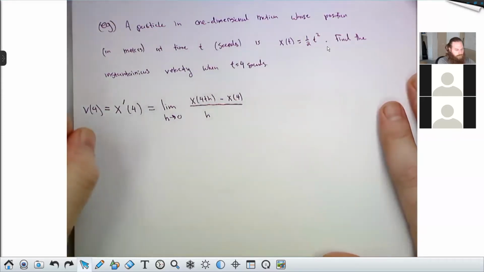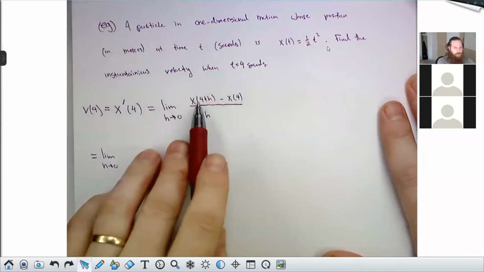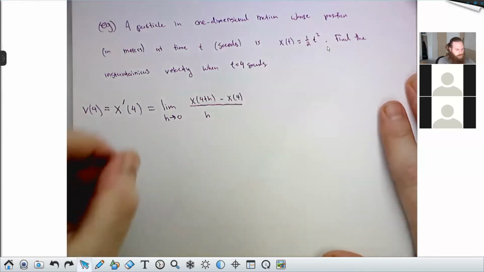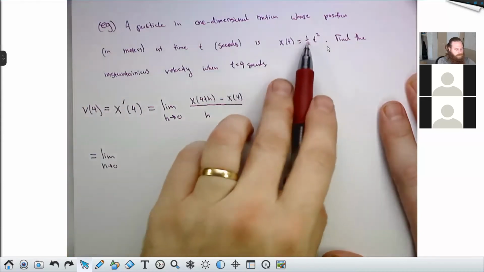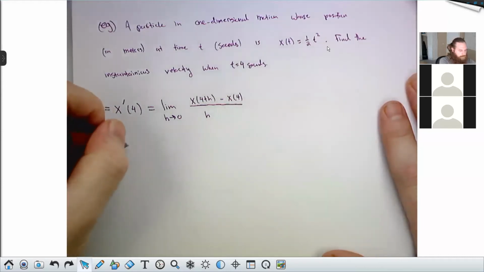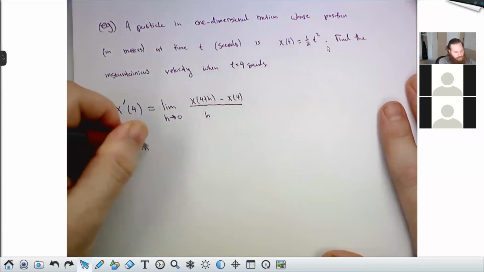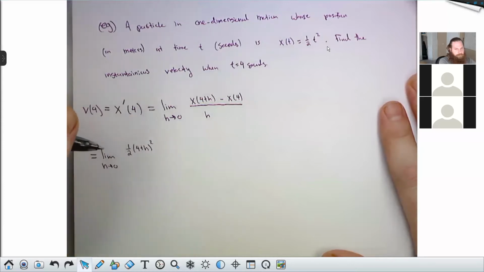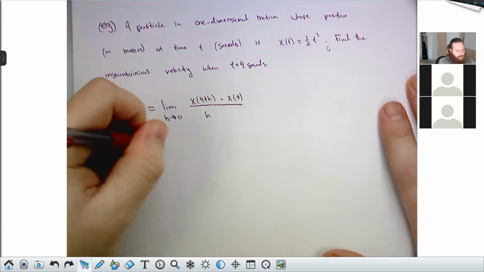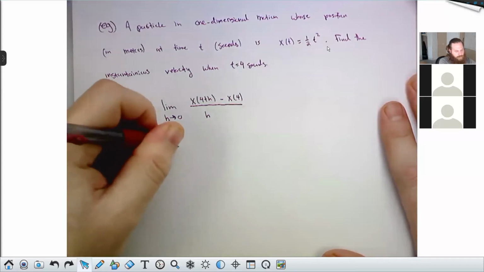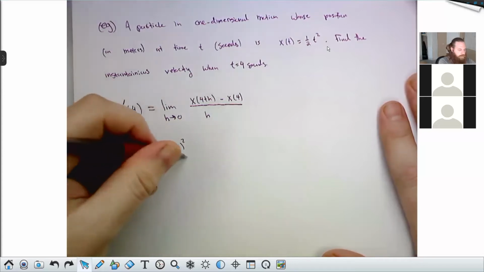So I'll continue the calculation down here. This is the limit as h goes to 0. I just have to plug in from my function now. Since x of t is 1/2 t squared, x of 4 plus h is 1/2 times 4 plus h squared. x of 4 is just 1/2 times 4 squared.